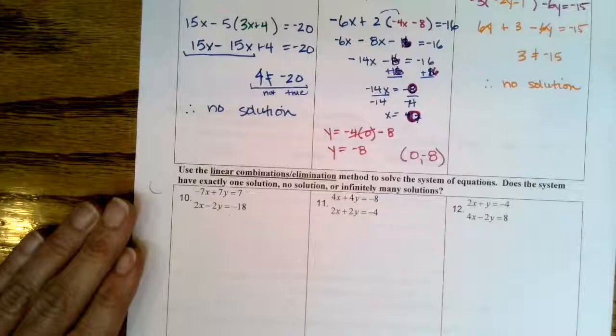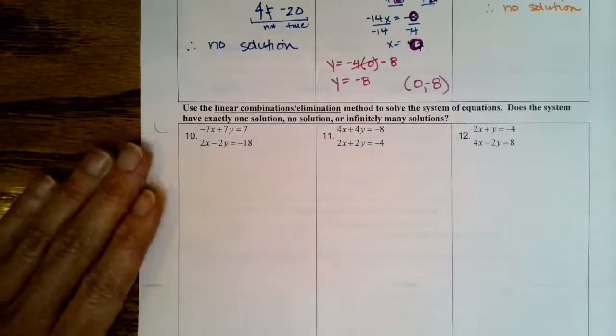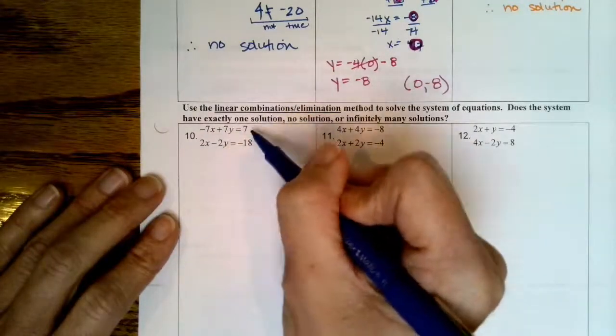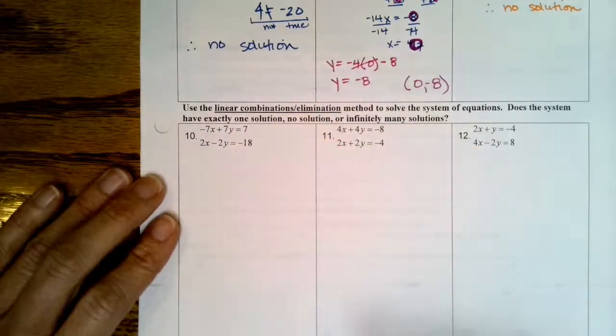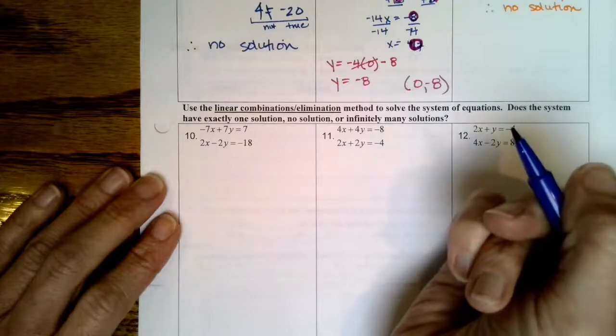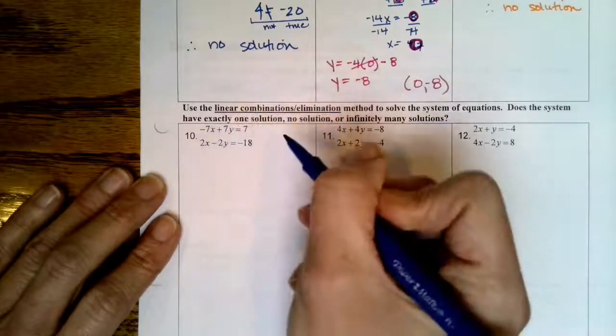Okay, next up, linear combination, which is the one where we're adding our equations. So we're going to look for a zero pair. Our x's and our y's are all lined up here. I guess we'll try to find a coefficient of 14 to match up. I'm already suspicious because I already have 0 pairs here.